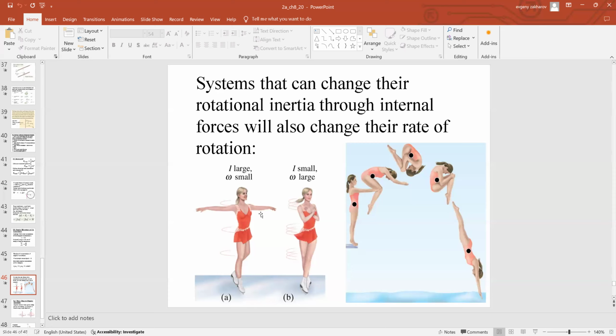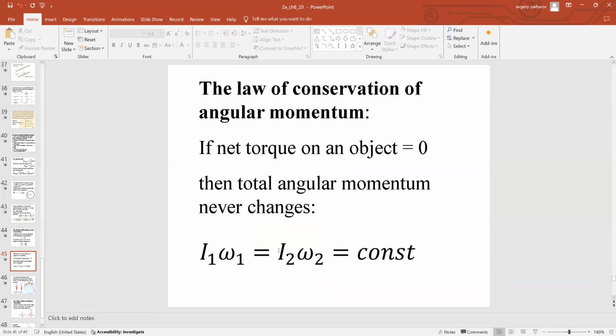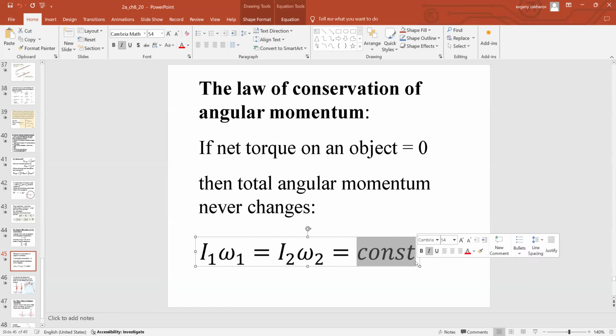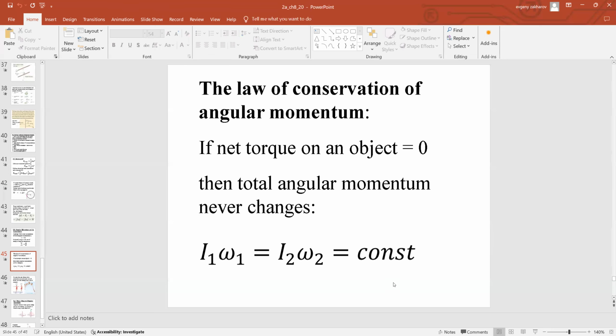So the rate of rotation is not as much compared to when the figure skater brings her arms next to the body, near the axis of rotation. Then they start spinning much faster because rotational inertia decreases. I goes down, omega goes up, because the whole product stays constant. You extend your arms, I goes up, omega goes down. You bring those arms close to the axis of rotation, I goes down, omega goes up. But the product is still the same.